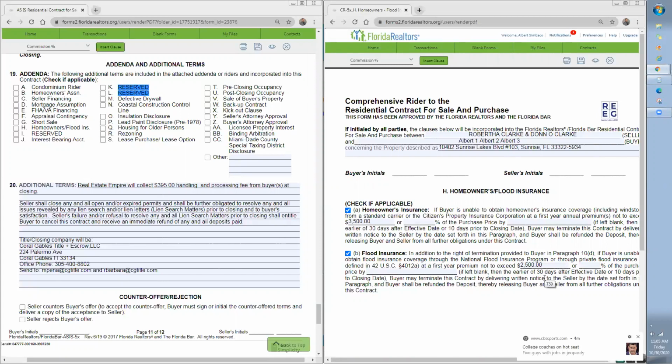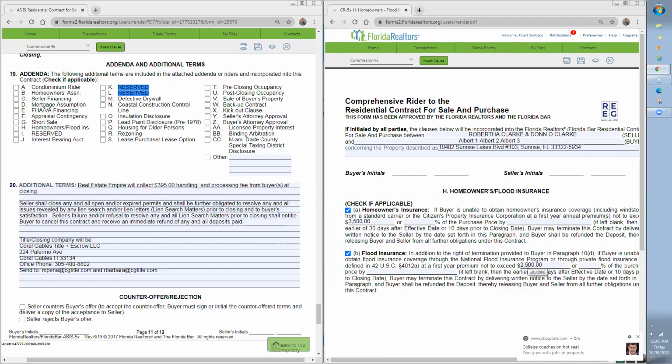That being the case, if their insurance is too high, they no longer qualify for the loan. Or if the flood insurance is too high, the loan may not qualify. So this allows the lender to say, okay, we can give you $300,000, but only if we can find an insurance that is less than $3,000 a year.